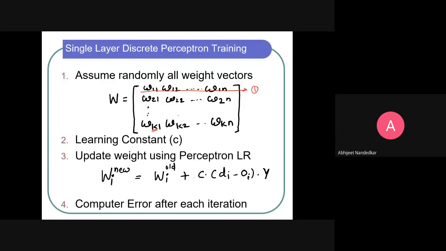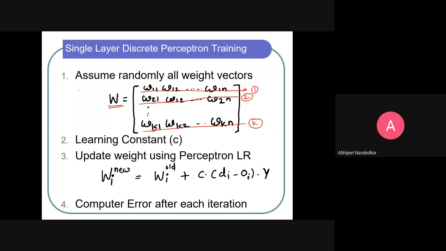This is the weight of neuron 1, this is the weight of neuron 2, and so on. This is the weight of neuron k. These are the weights, and this matrix W is called the weight matrix of the circuit.